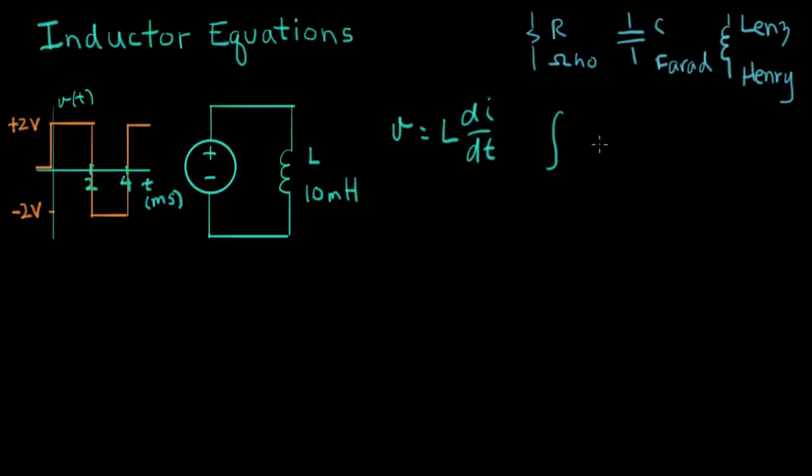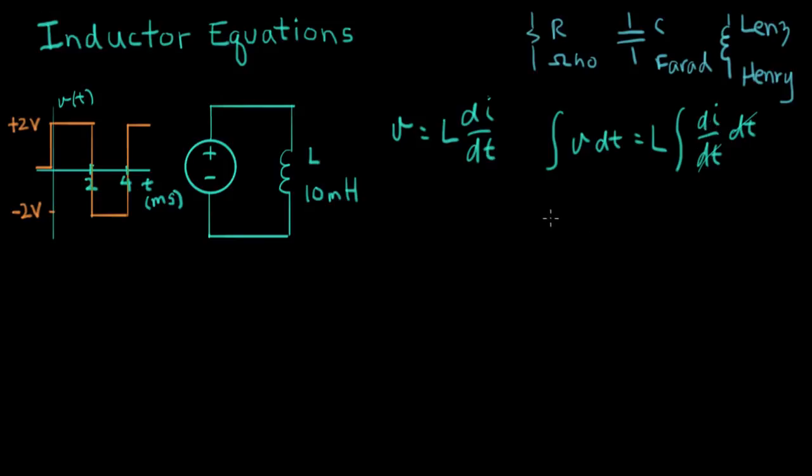We take the integral of V with respect to time, and that equals L times the integral of di/dt with respect to time. And these two terms go away, and we have the integral of di. The antiderivative of di is what function has a derivative of di, and that would be just I.